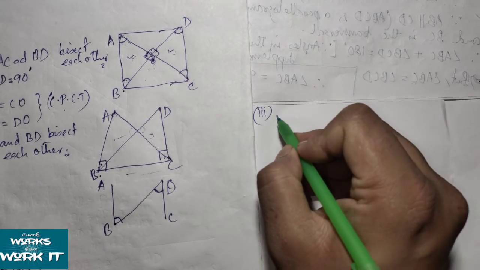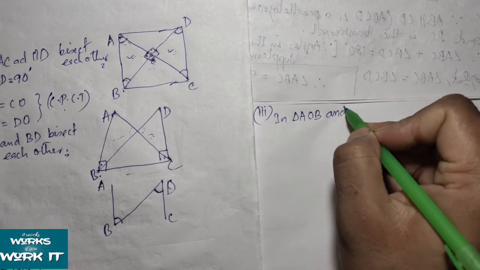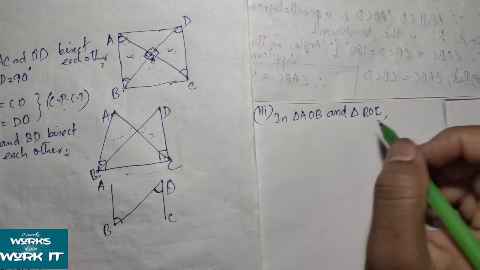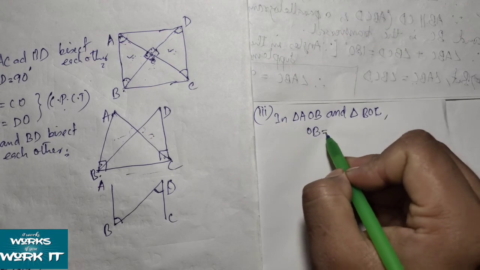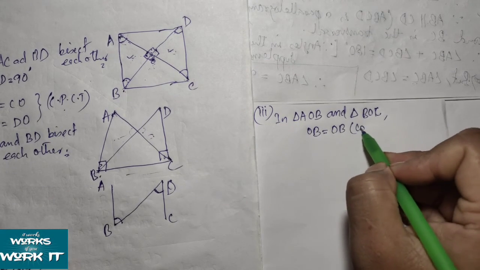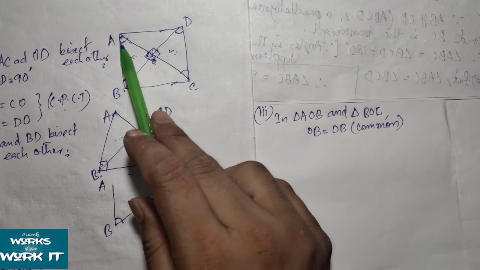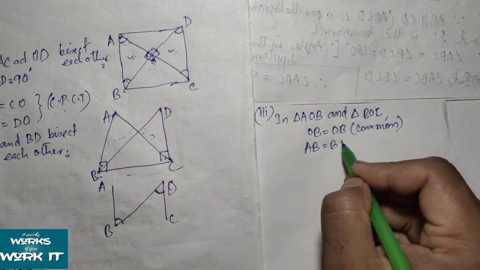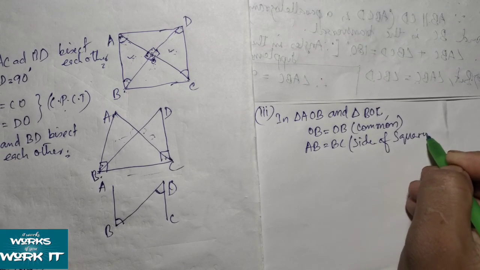So I will write here, in triangle AOB and triangle BOC, what are the things that are equal? First I will take the common side, OB is common. Then AB and BC will be equal. Why? Sides of a square.